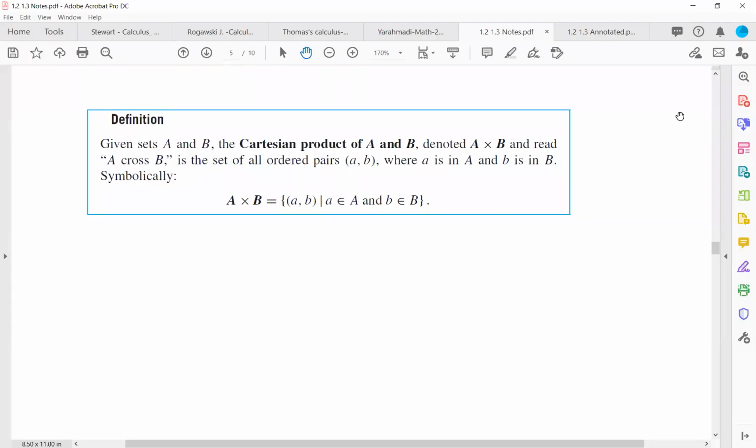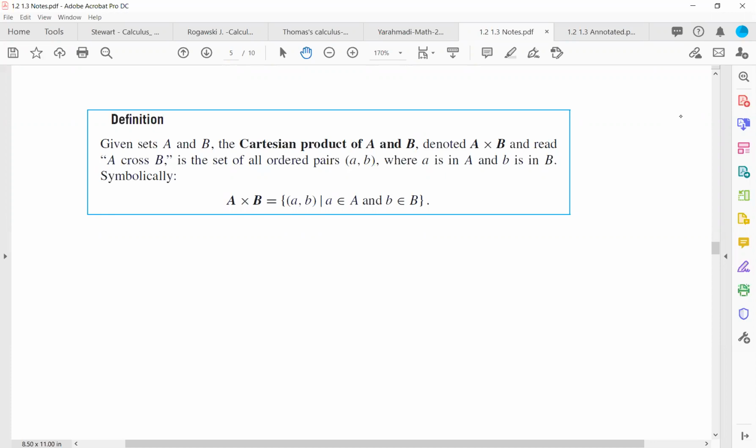Now, suppose you have 2 sets. Your goal is to form a new set. We can define an operation in between 2 sets. We read it as A cross B, or the Cartesian product of A and B, which gives you a 2-dimensional object.